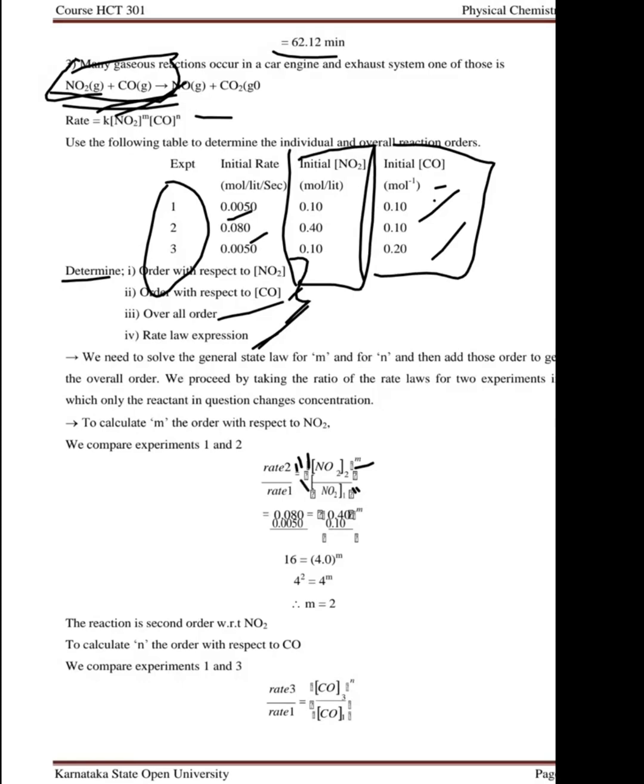So this m is for the initial concentration of the reactant A. If you take this one, nitrogen dioxide, as reactant A and carbon monoxide as reactant B, this is the initial concentration of reactant A. So rate 2 by rate 1 is the initial rate 0.080 divided by 0.0050, and the initial concentration 0.40 divided by 0.10, raised to m. We will get m equal to 2.